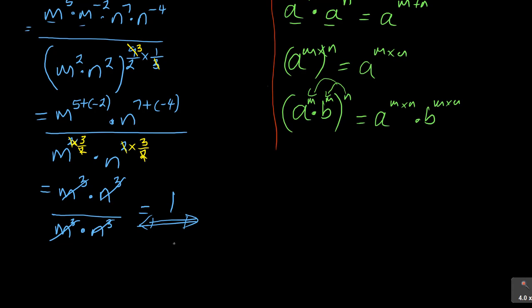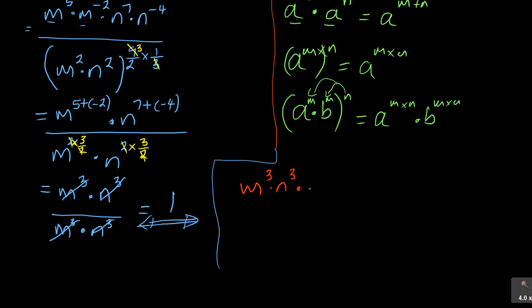I quickly solved it. But someone can also argue and say, couldn't you use the laws of exponents? You can, if you want, to say here m cubed times n cubed. Now I can take it to the top.